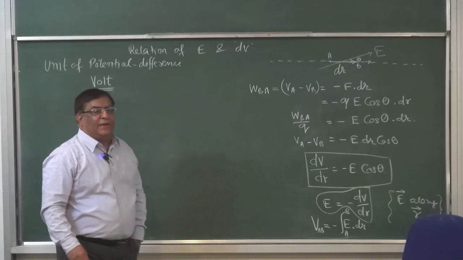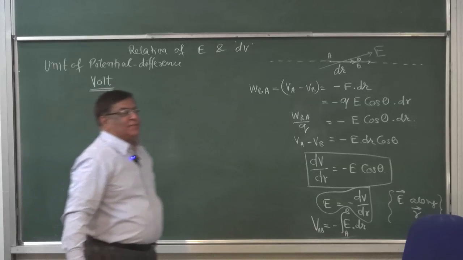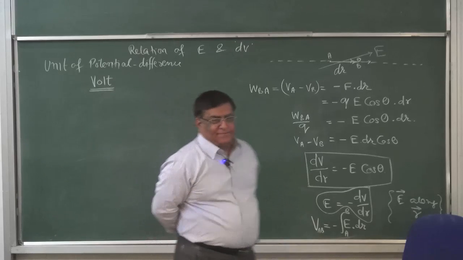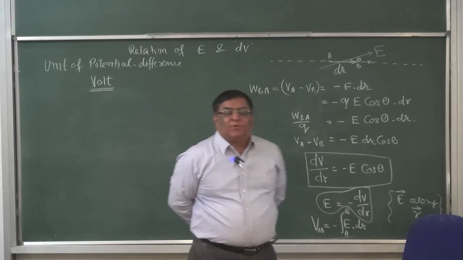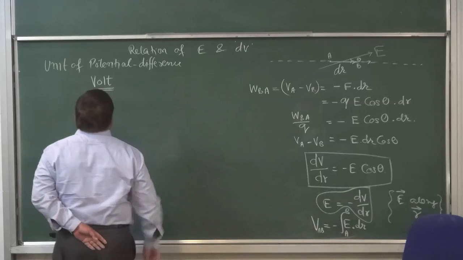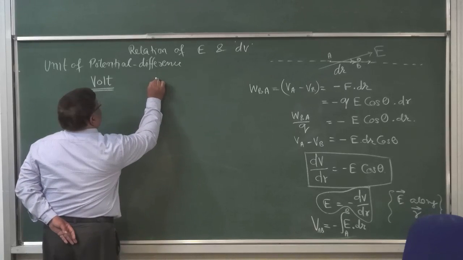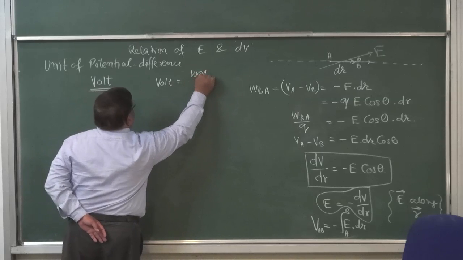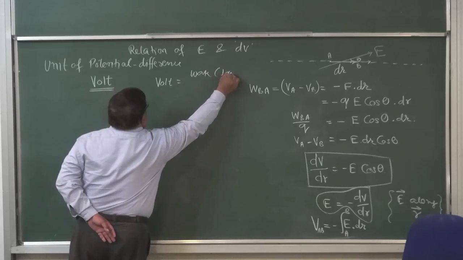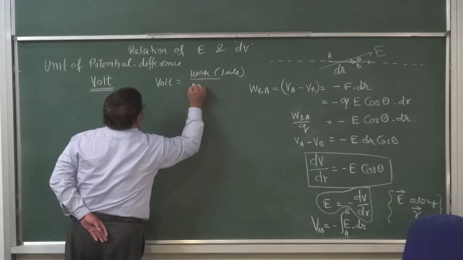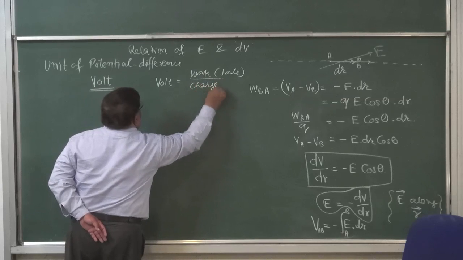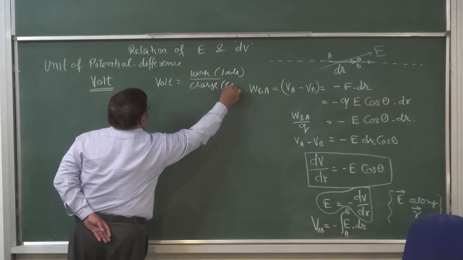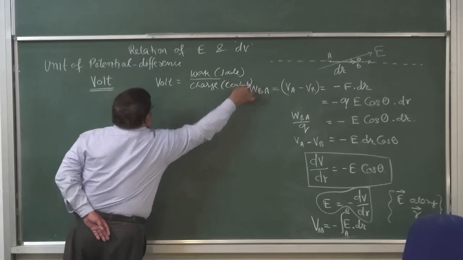Now, how do we define the volt? What is a 1 volt unit? So we go to the basic potential definition, that volt is equal to work per coulomb.